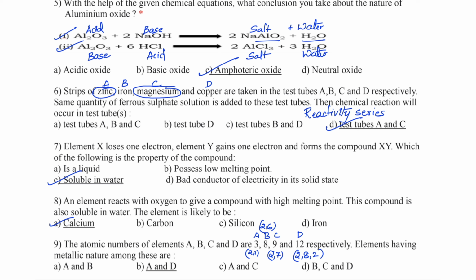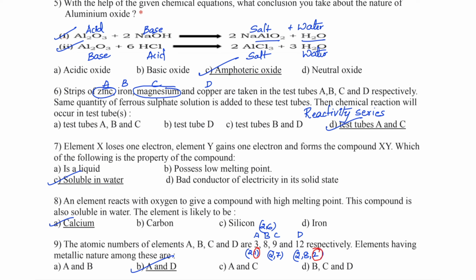So now when you look into these electronic configurations, we can see that the outermost electron count is 1 and 2 in the elements A and D, where they can easily lose these electrons, and therefore these elements have high metallic nature, and therefore the right answer is option B, that is the elements A and D.